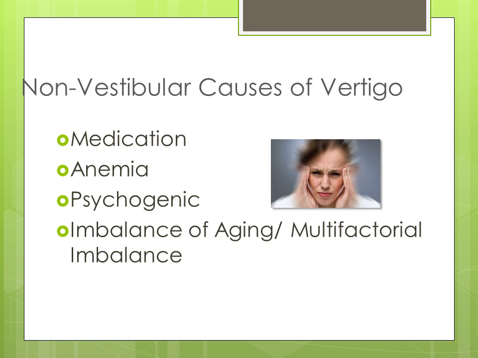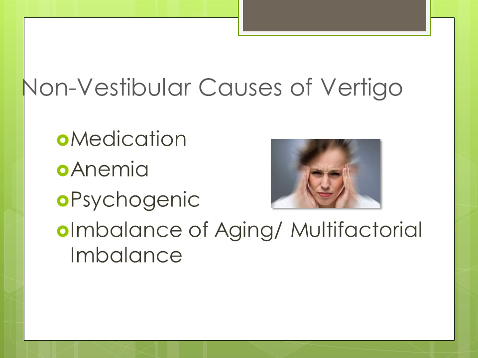Also, if a person is having some kind of anxiety or possibly post-traumatic stress, they could be having psychogenic dizziness as well. And it is a very real physiological symptom occurring alongside a psychological problem. So when I say psychogenic, I don't mean that it's all in their head. I mean that they are having physiological vertigo that we need to deal with.